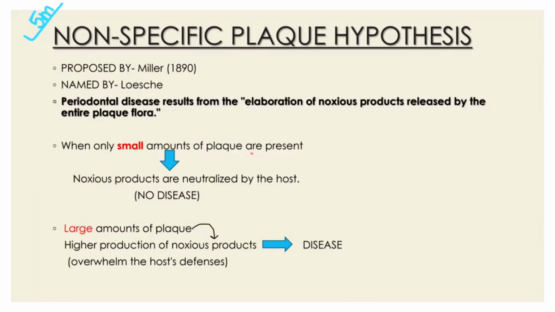When only small amounts of plaque are present, the noxious products released by the bacteria are neutralized by the host, so there is no disease. When large amounts of plaque are present, there is higher production of noxious products, which overwhelm the host defenses. The bacteria releasing toxins defeat the host defense, so it results in disease.